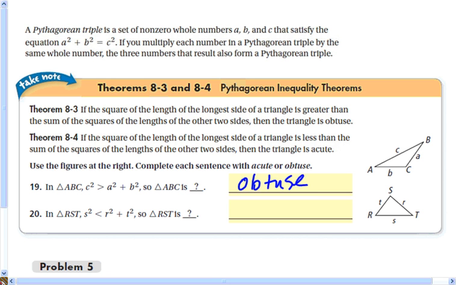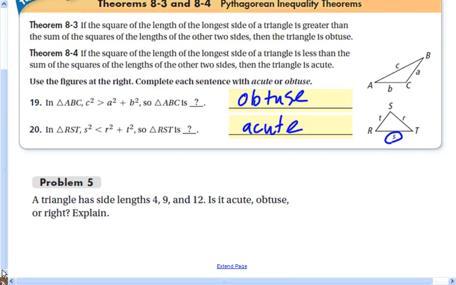And if the square of the length of the longest side of a triangle is less than the sum of the squares of the other two sides, then the triangle is acute. So if s squared here, which is the longest side, is less than r squared plus t squared, the triangle is an acute triangle. So let's use that idea here.